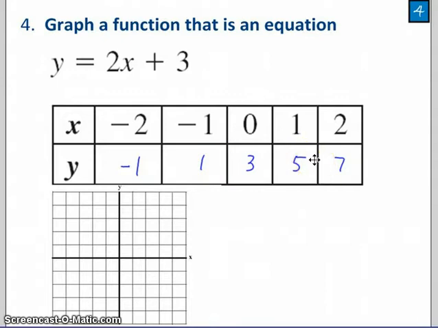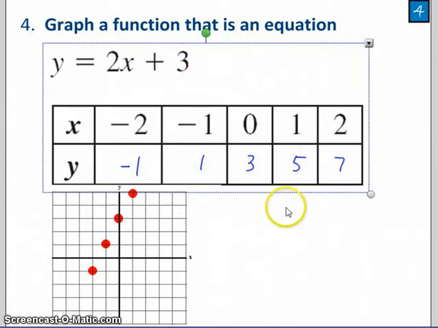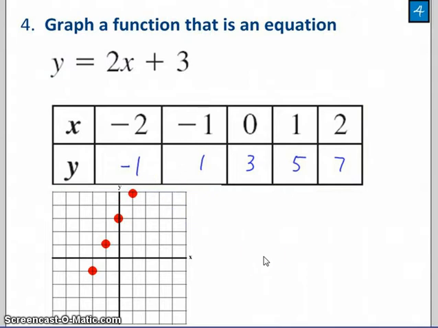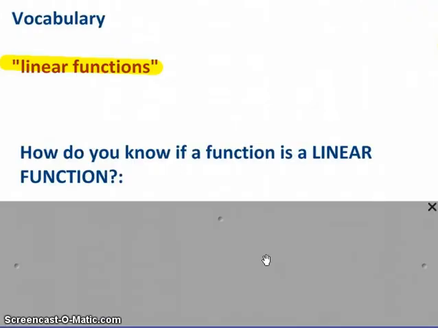Graphing then becomes a simple exercise in plotting points, plotting the x-y coordinates, or the ordered pairs, in other words. So you should be able, coming out of this chapter, to do this with comfort. If I give you an equation and I tell you it's a function, you should be able to report back to me what the y values are for any given x value.